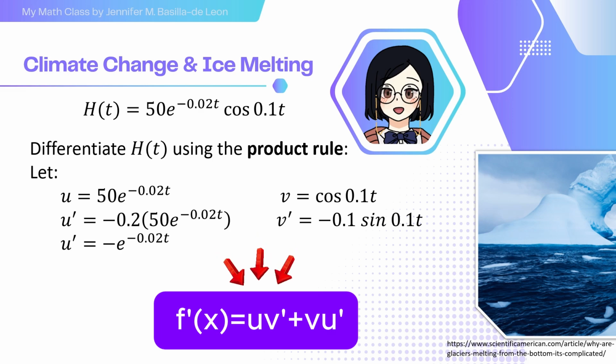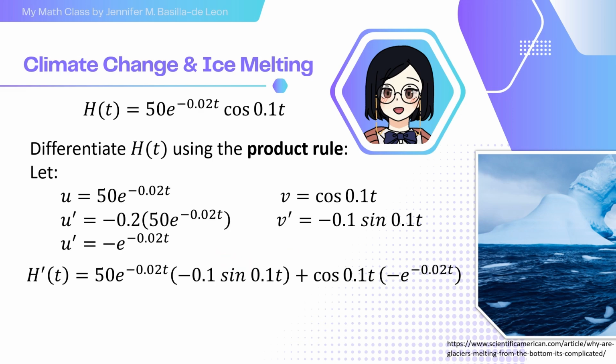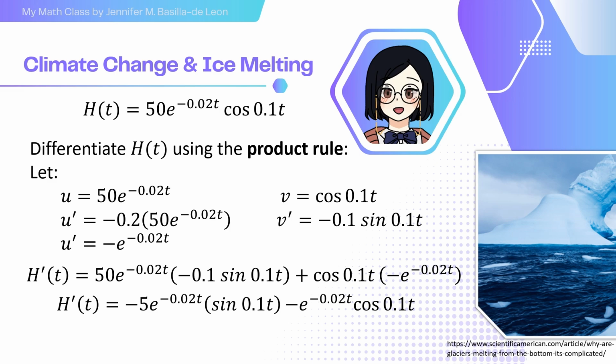Injecting it into our formula, we will have H'(t) = -5e^(-0.200t) times sine of (1/10)t minus e^(-0.200t) times the cosine of (1/10)t.